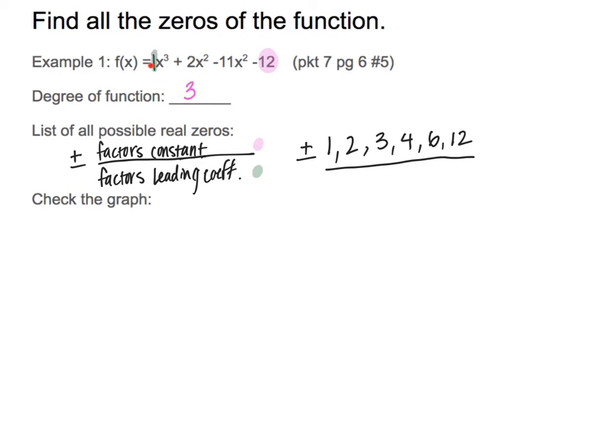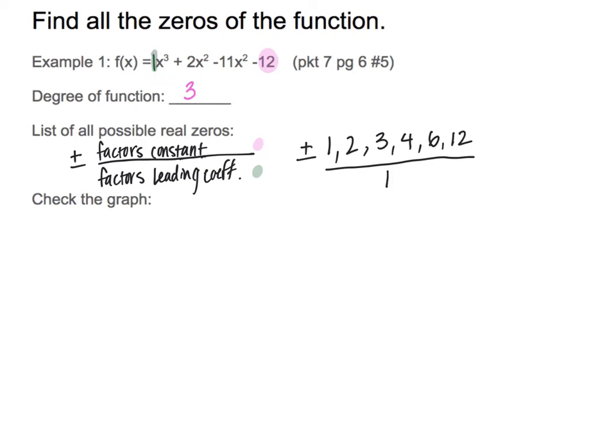Now we're going to think of numbers that divide into 1. Well, that's easy peasy. The only thing that divides into 1 is 1. So now we are going to list out all the possible real zeros. Because we're dividing all of these by 1, that's just going to be 1 divided by 1, 2 divided by 1. Let's write them out here.